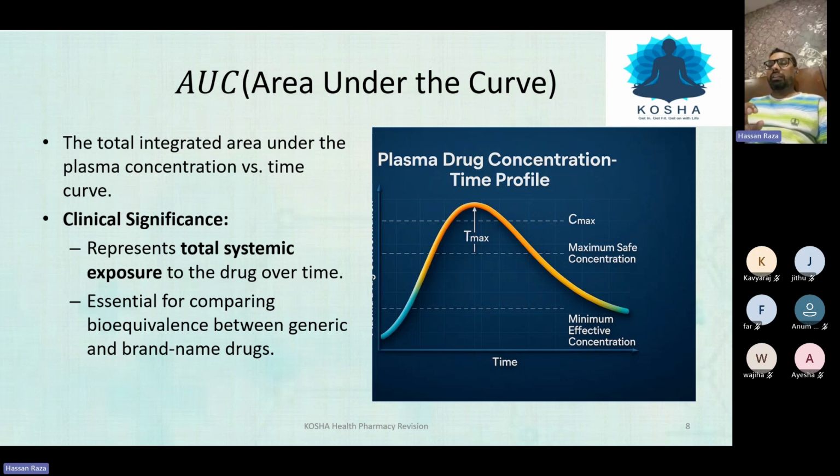But what area under curve explains to us, or why it is important for us, is that it gives us the overall pharmacokinetics of the drug. It tells us how much drug is present at which time. For example, how much drug is present during its absorption phase, how much drug is present in the elimination phase. So area under curve is really important, and we define it as the total integrated area under the plasma concentration versus time curve.